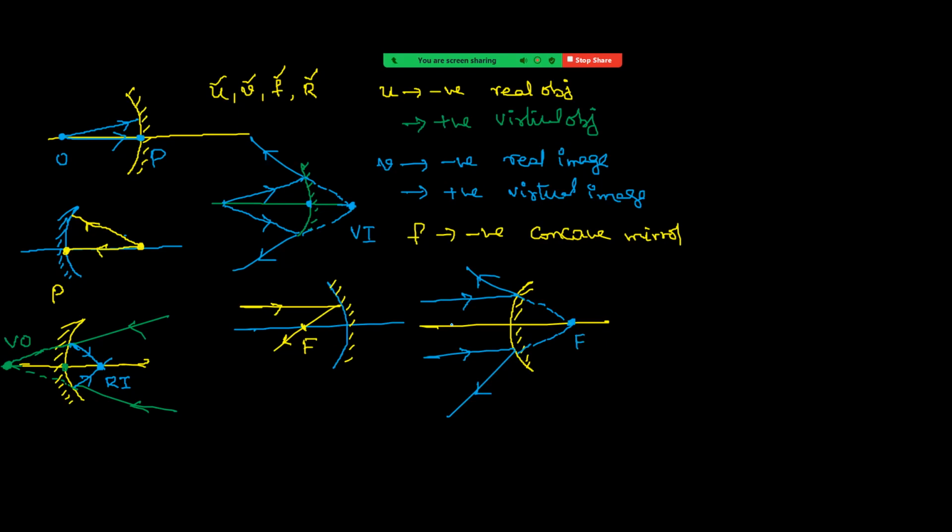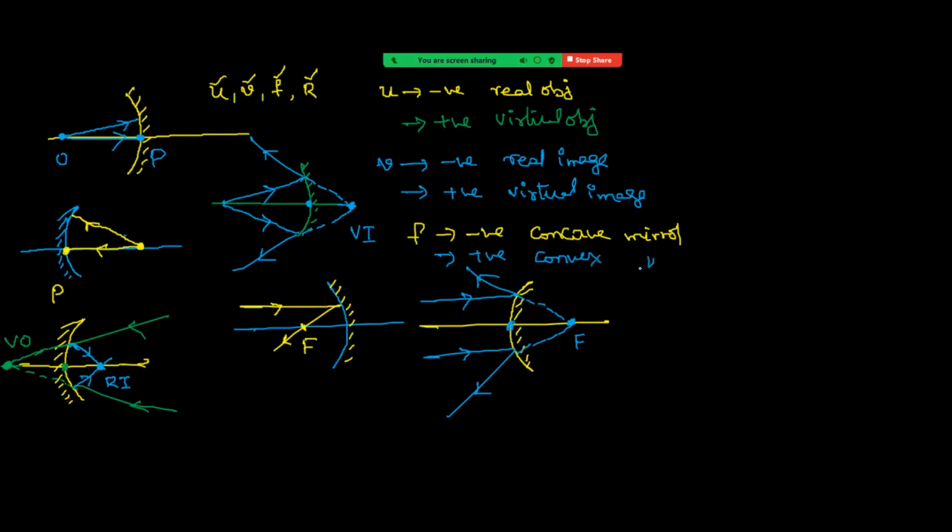And you can see the incident light rays traveling towards the right side. This is the pole. Right of the pole is the positive x-axis. Now, this focus is behind the mirror, on the positive x-axis. That means F is positive for a convex mirror.